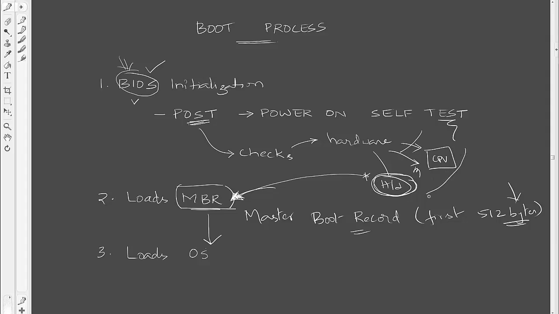So assuming that everything went well, the system will look at the hard drive, look at the master boot record on the hard drive, find the partition that is active, and then go there and load the operating system from that particular partition. But if the operating system itself is not found, then you would see an operating system missing message. If not, the system will continue to boot, and you will see the Windows prompt, the logo on your screen.